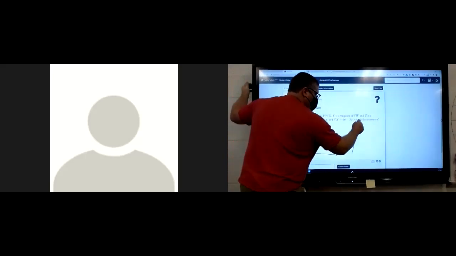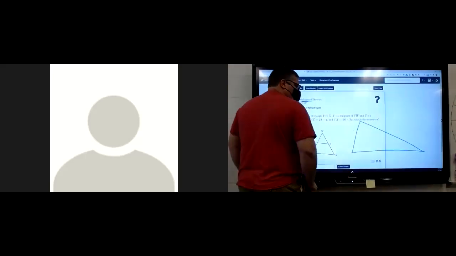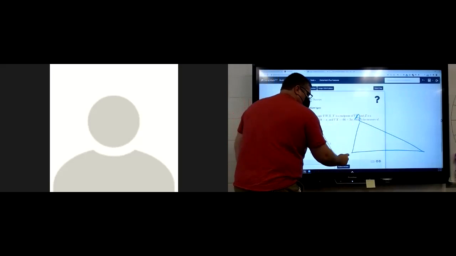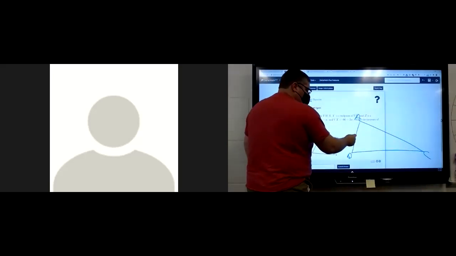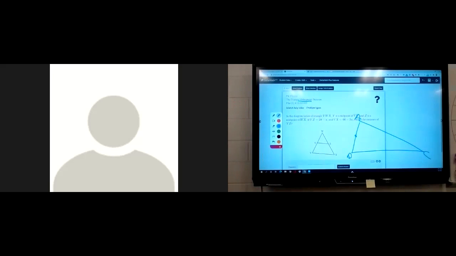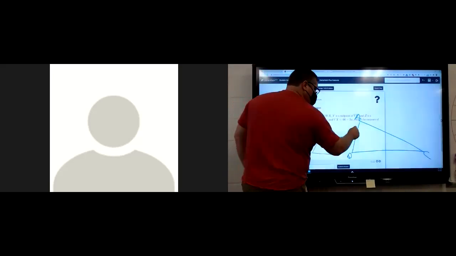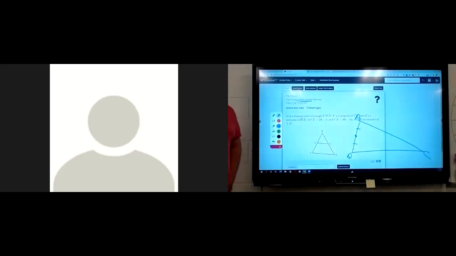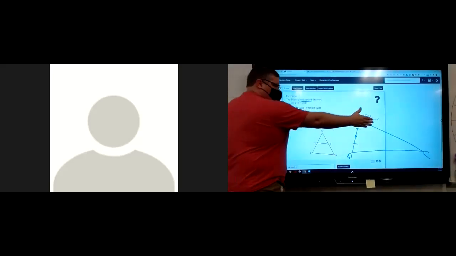Here's how you get that. Let's draw a triangle. Any old triangle you want. A, B, C. If I draw a midpoint, what does a midpoint do? Cuts it in half, 2 pieces. Can I find a midpoint over here? All right, somebody tell me where to stop for the midpoint.